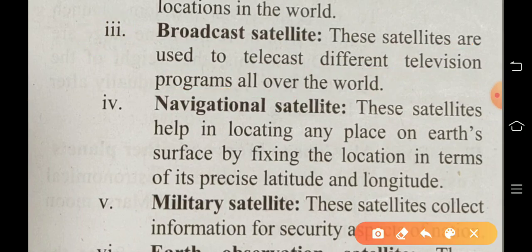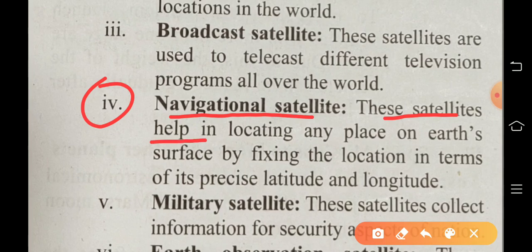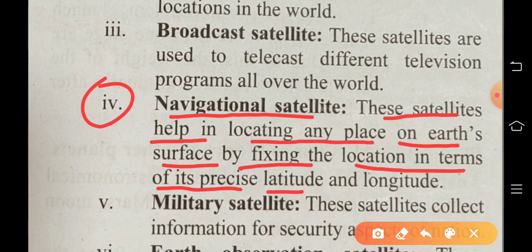Next type of satellite is navigational satellite. These satellites help in locating any place on the earth's surface by fixing the location in terms of its precise latitude and longitude.